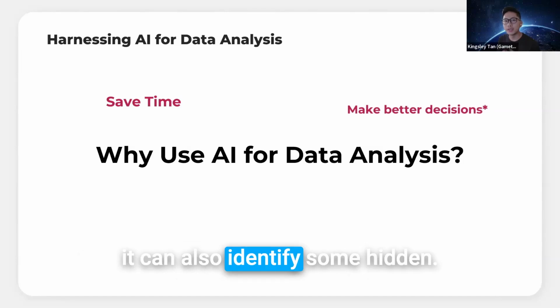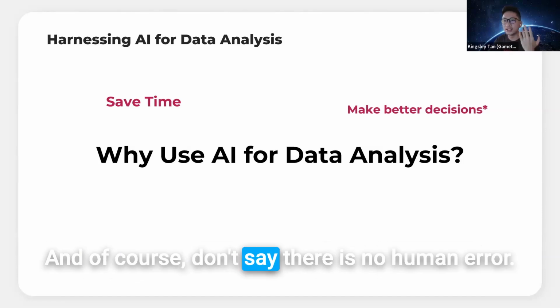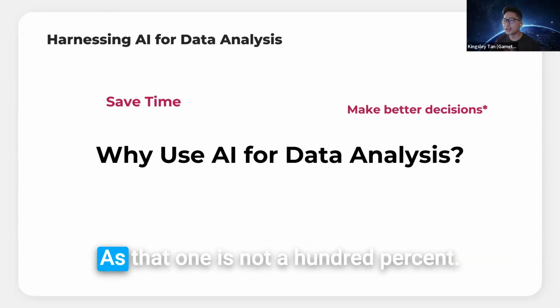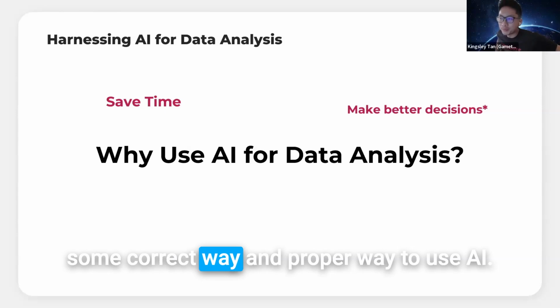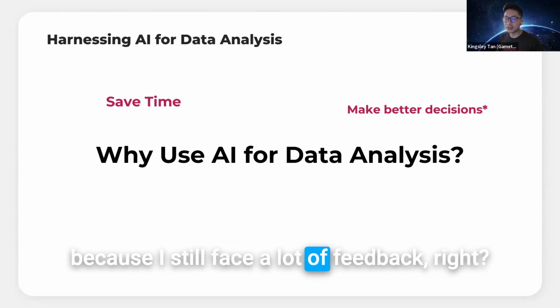It can also identify some hidden data or insights that we might overlook. And of course, some say there is no human error. I would like to say that no human error is not 100% if you don't know how to use the AI. There is a correct and proper way to use AI in order to achieve no human error, because I still face a lot of feedback, right?